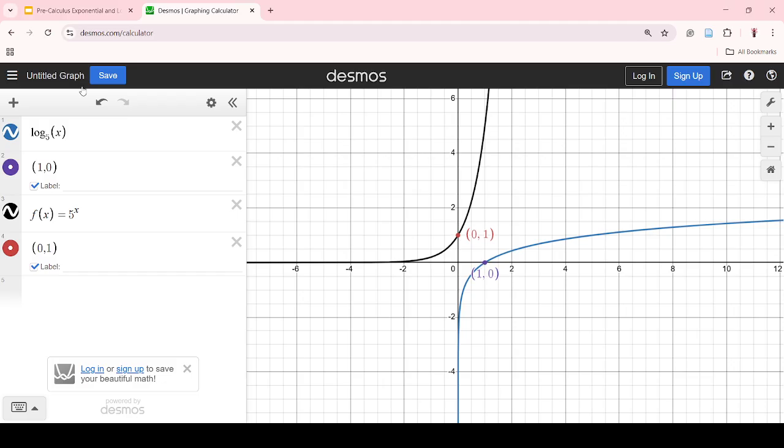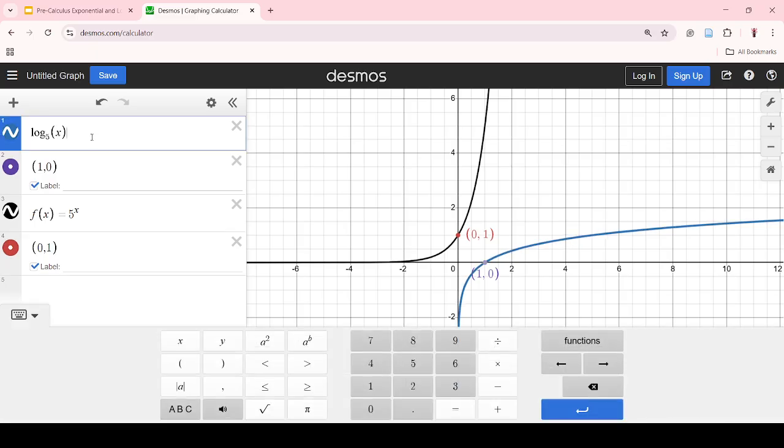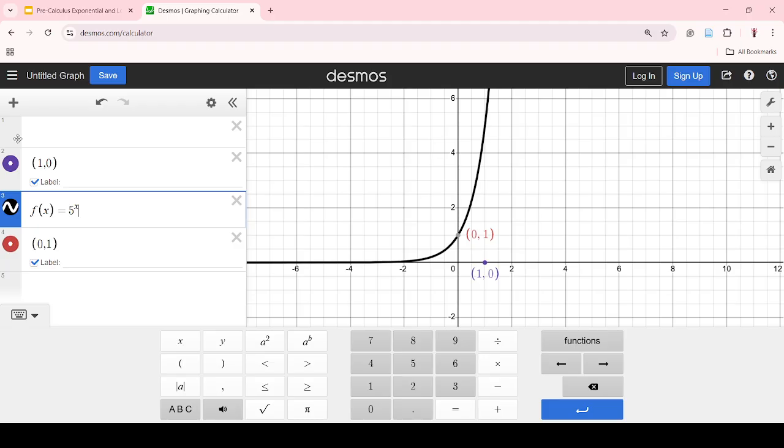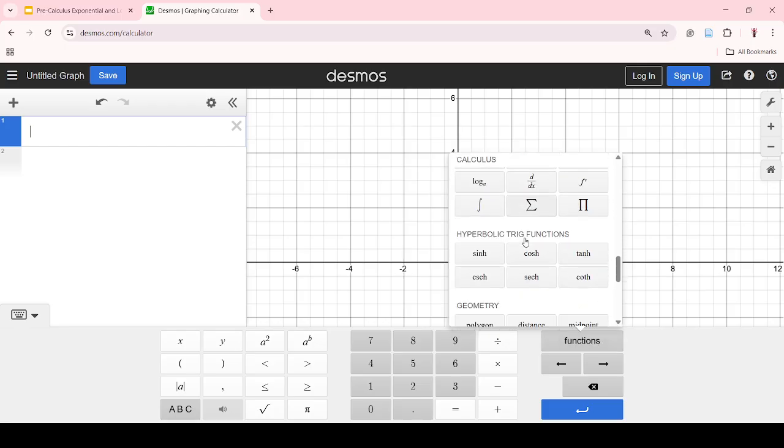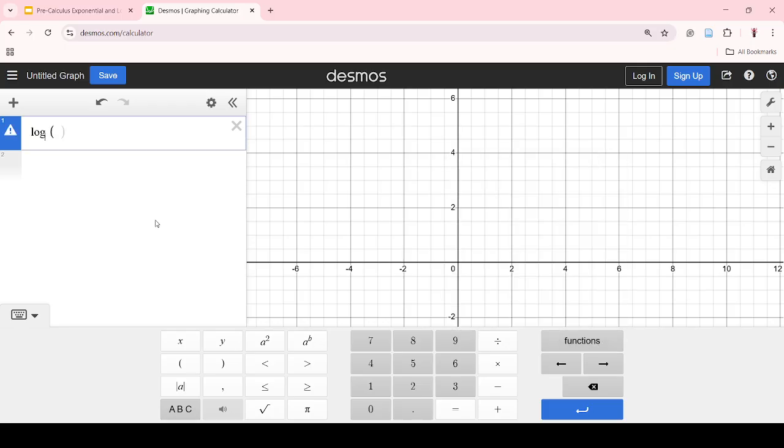Let's do another example. Let's go ahead and do log base 45 of x.